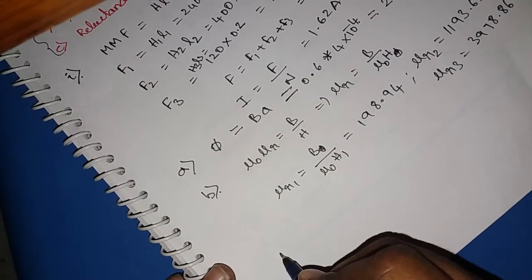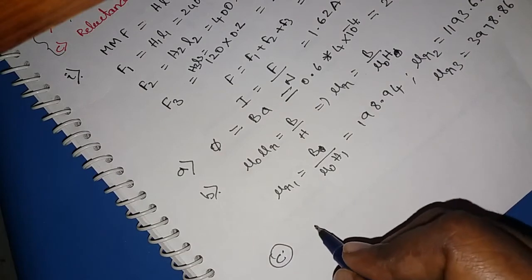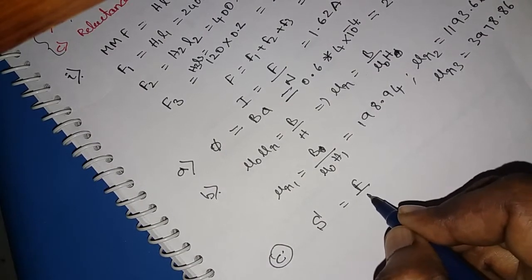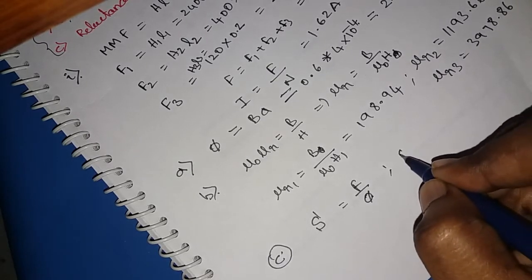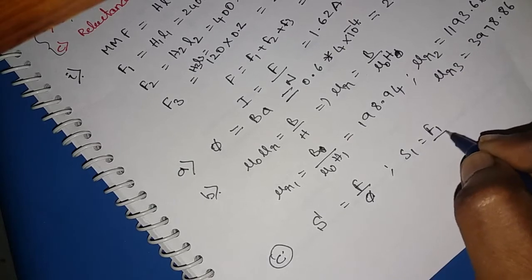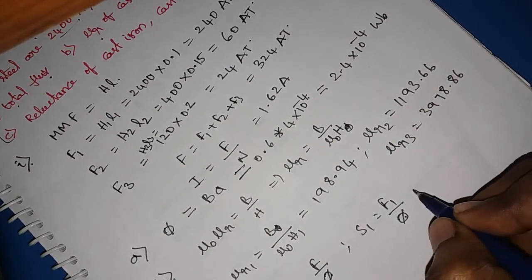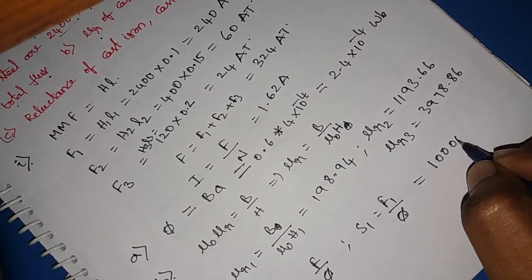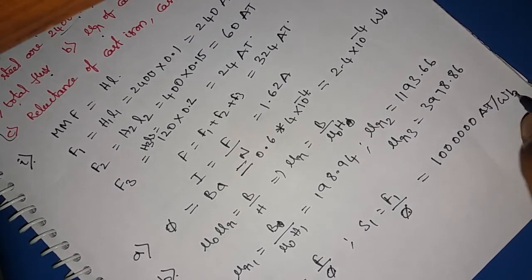Now what is part C? We need to find the reluctance. Reluctance S is equal to F by phi, so S1 is equal to F1 by phi. This will be around 100,000 ampere turns per Weber.